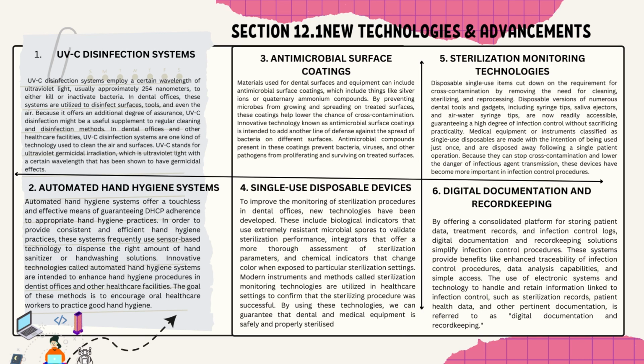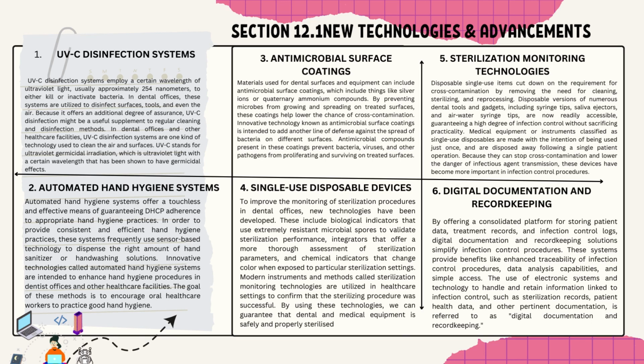These provide a touchless and efficient way to ensure proper hand hygiene compliance among DHCP. These are often sensor-based technology to dispense the appropriate amount of hand sanitizer or hand washing solutions that promote consistent and effective hand hygiene practices. Number 3. Antimicrobial surface coatings.